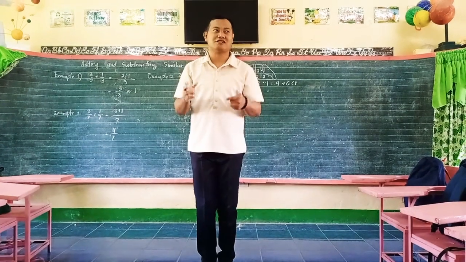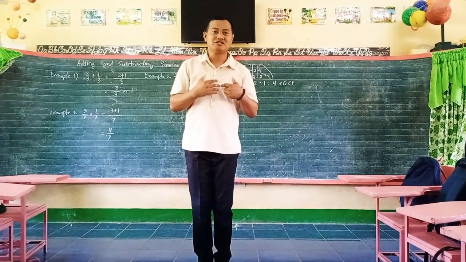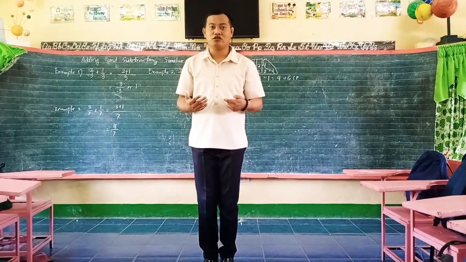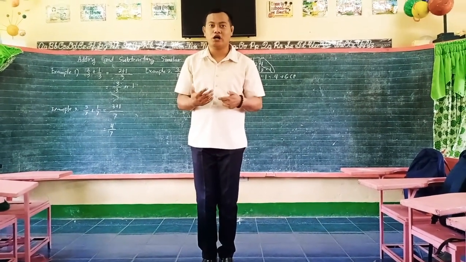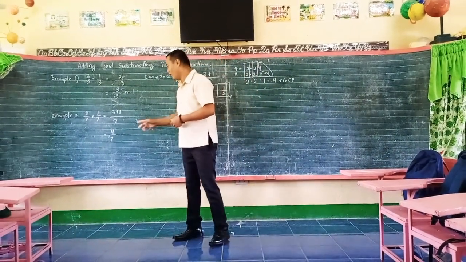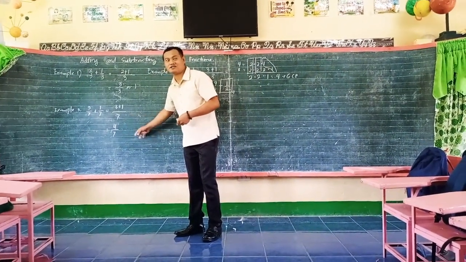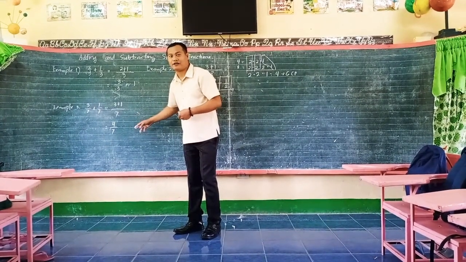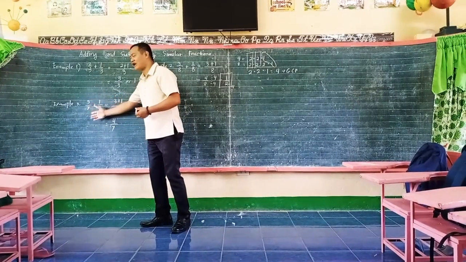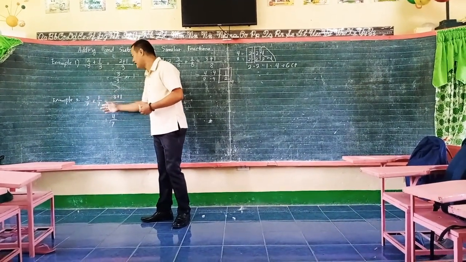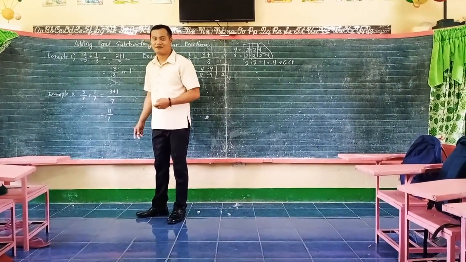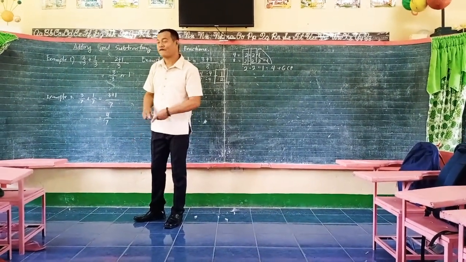So, since the GCF of 4 and 7 is 1, we conclude that we can no longer get a simpler form of 4/7 because it is already in its simplest form. Therefore, we say 3/7 plus 1/7 is equal to 4/7. Can you follow? Very good.